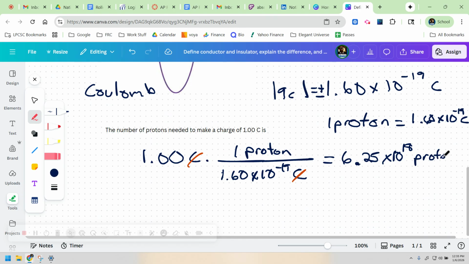Now this is based on charge, because the mass for a proton is completely different than the mass for an electron. The electrons are very tiny when it comes to mass. Protons are way bigger.